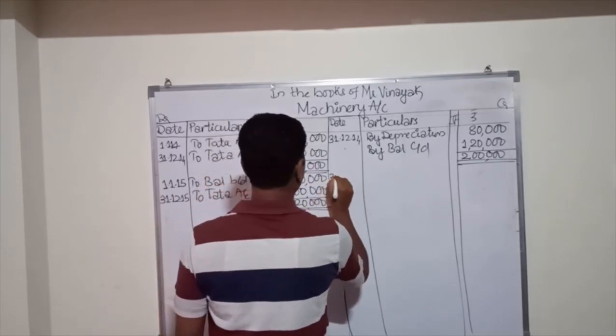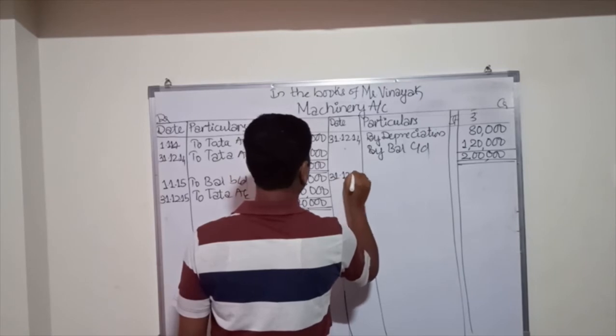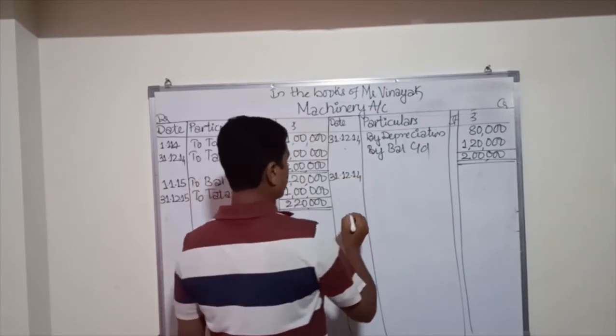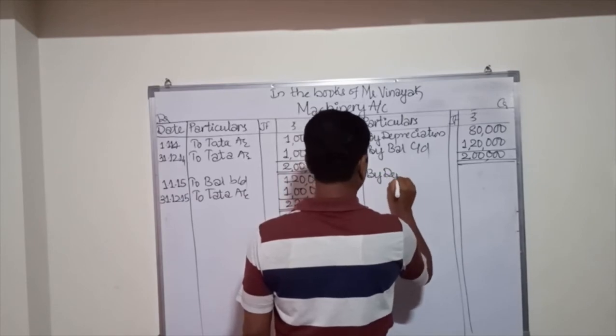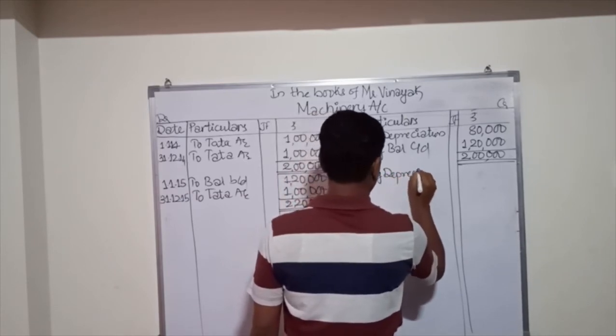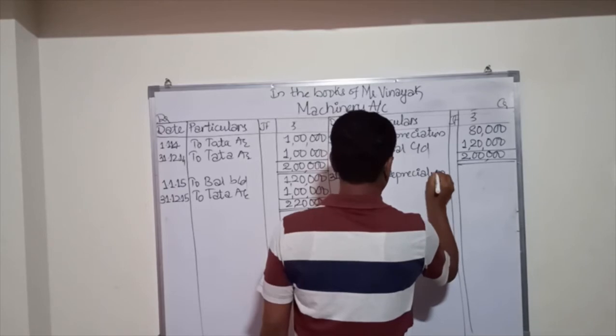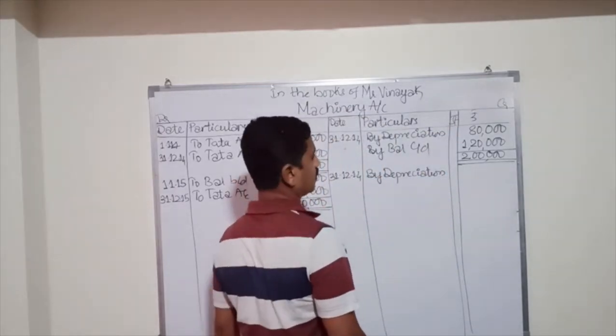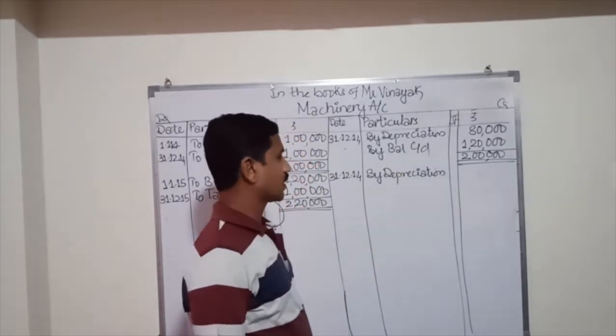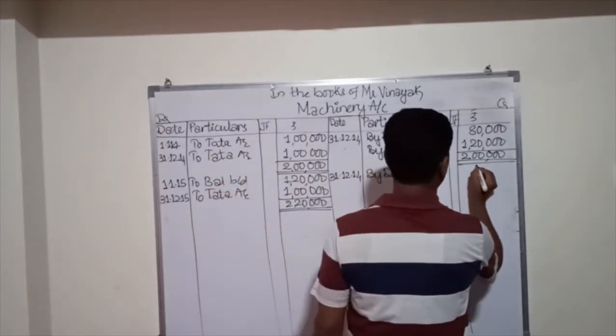So the second year, when the depreciation is charged on 31/12/2014, depreciation account to machinery account. So machinery account is credited by depreciation. So 4 lakh minus 80,000 comes to 3,20,000, and 20% of that comes to 64,000.